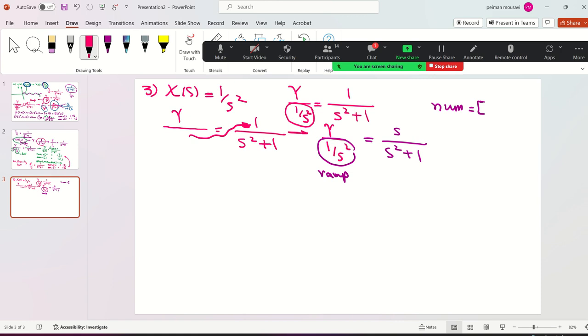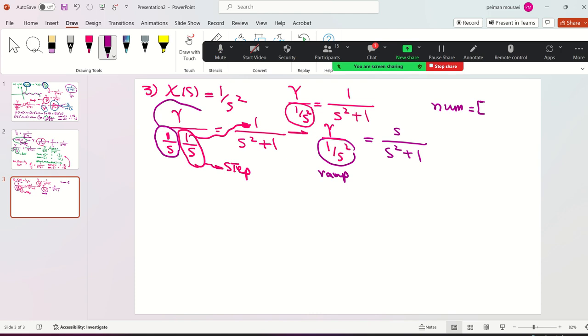Okay. So this is step, so ramp. So what I'm gonna do, okay, this is one. Now I see that is 1 over s, 1 over s. Now this is ramp, this is step. So I'm gonna move this here. I'm gonna move this here. Here we go.